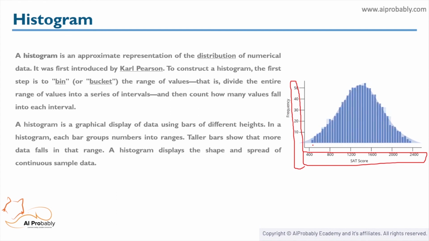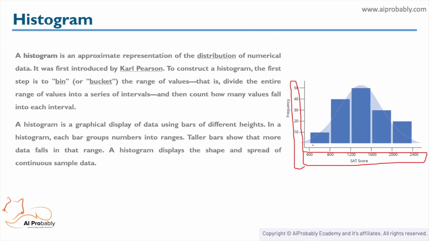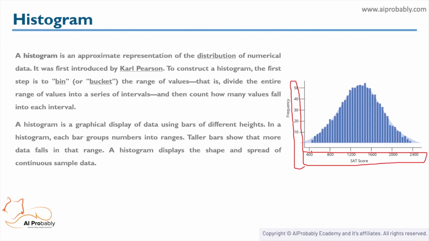Also, in the previous bar graph tutorial we saw that the index value was discrete. It was like 1, 2, 3, 4, 5, 6 and 7, but in histograms we have a concept of ranges. So while creating a histogram, I'll be having ranges.